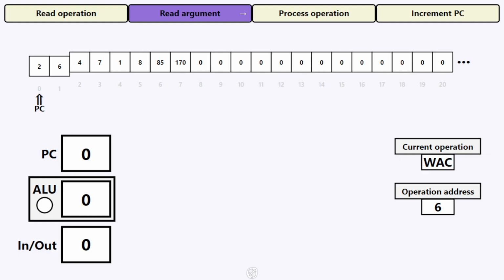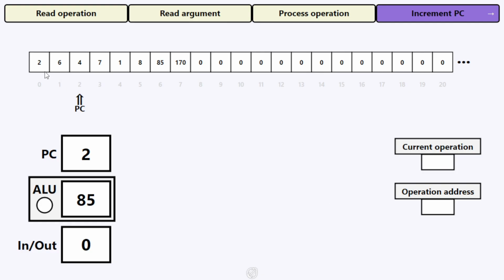So write accumulator will write a value from memory address 6, so over here, to the accumulator. That's happening in the 3rd step when we process the operation. So now the accumulator, the 2nd register below the program counter, now has a value in it. And lastly, we increment the program counter so we can operate with the next instruction.